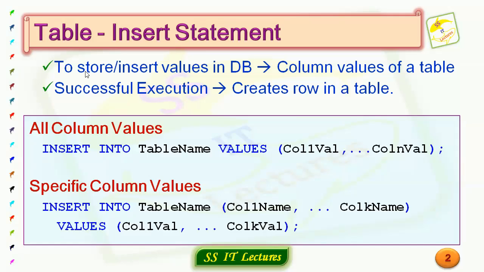Here the list of column values is for the columns specified in this statement. The order of column values should match the order of columns entered in this statement. For example, column 1 value corresponds to the column 1 name in this statement.